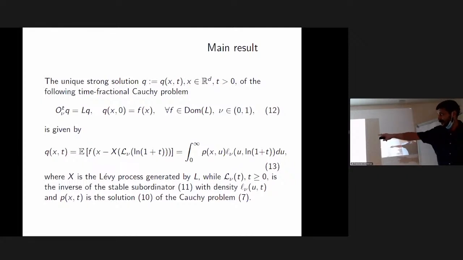The time fractional operator is in the sense of the Hadamard type that I introduced in the introduction. The unique solution can be represented by means of this integral, where P is the unique solution of the non-fractional problem.